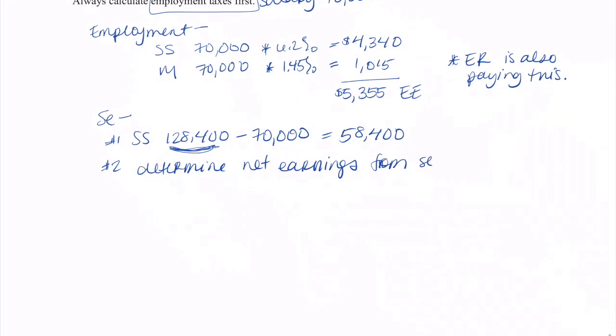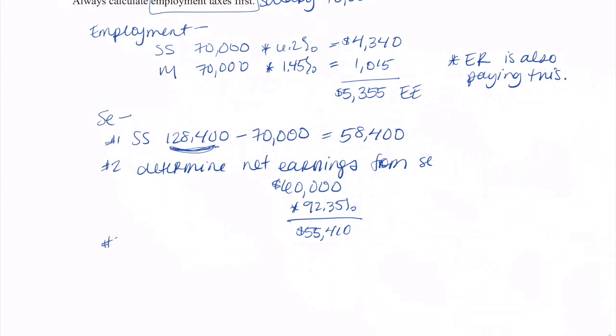Next, as step two, we're going to determine the net earnings from self-employment. So we're going to take our $60,000 in self-employed earnings, multiply by 92.35%, and get $55,410. This is our net earnings from self-employment.